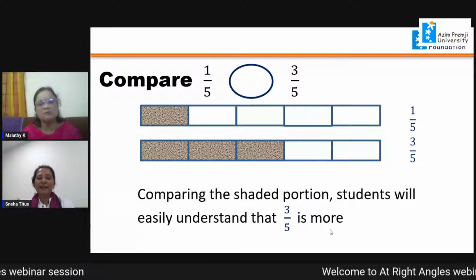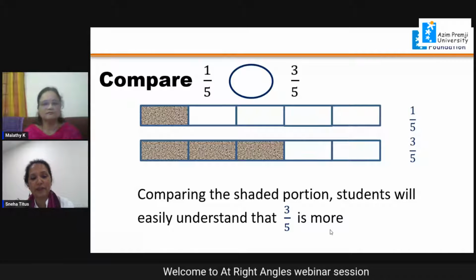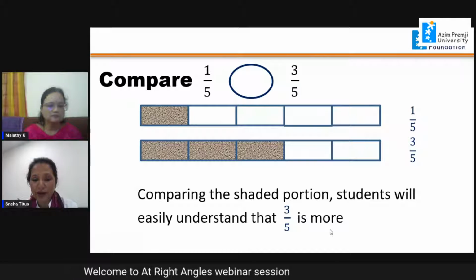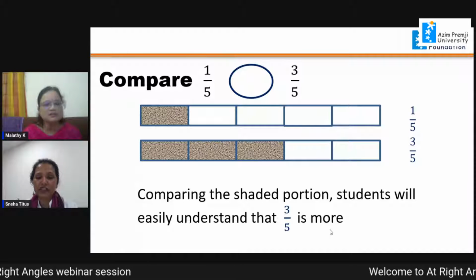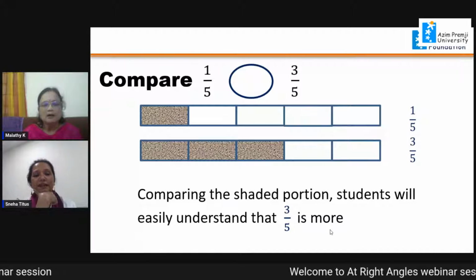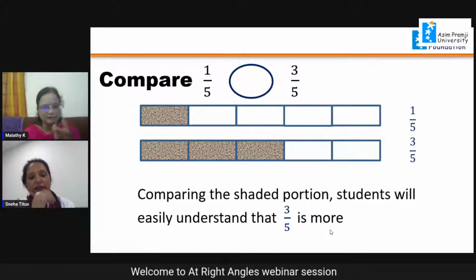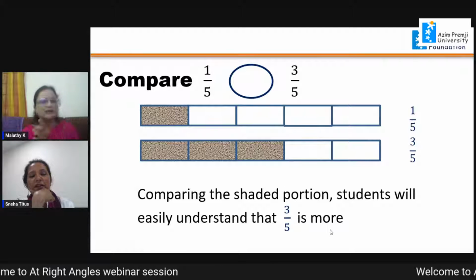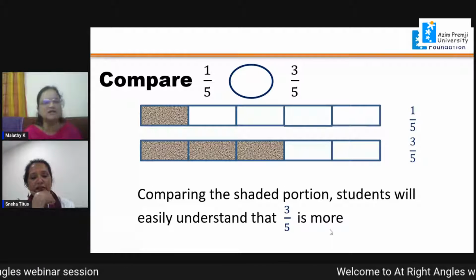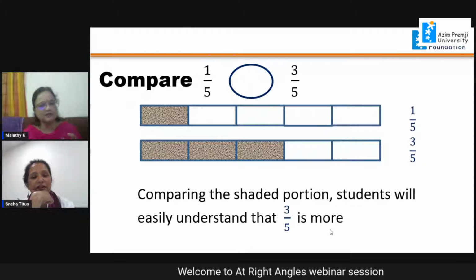Malathi, just one question. Did you give each student the paper strips and ask them to divide it? Each student will be bringing an A4 size paper, cut into many strips so that it can be uniform for each and every student, say 1.5 centimeters or 2 centimeters.